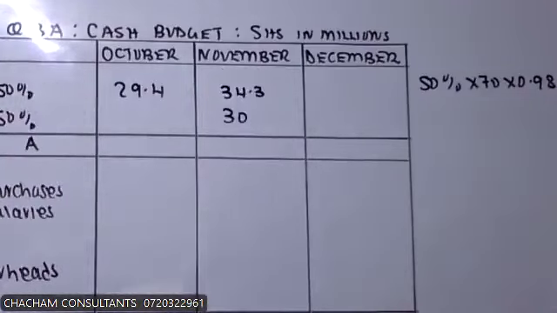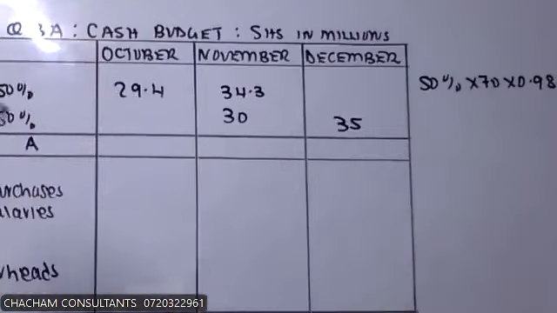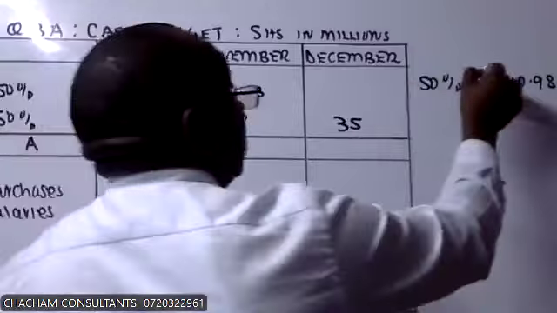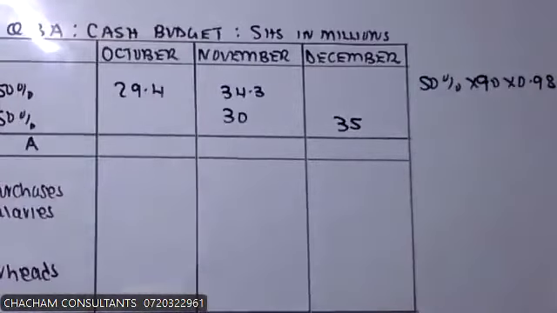So half of that is 35, yeah? Then the last month is 90. So 50% of 90 times 0.98. 44.1.